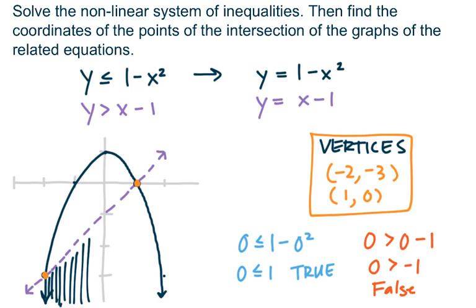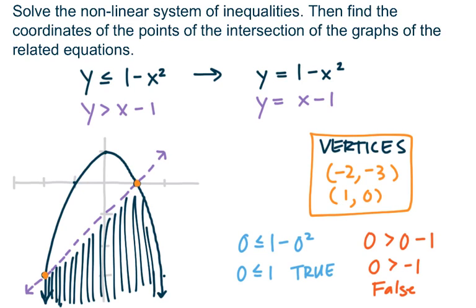The area or the region where I can choose an ordered pair and it will work in either of these equations simultaneously is below, not touching that line, and also anywhere underneath that parabola, and we can touch those parabola boundaries.